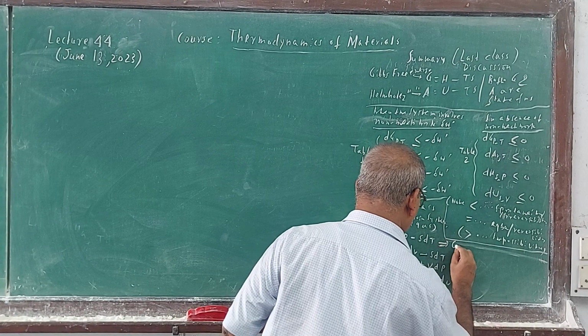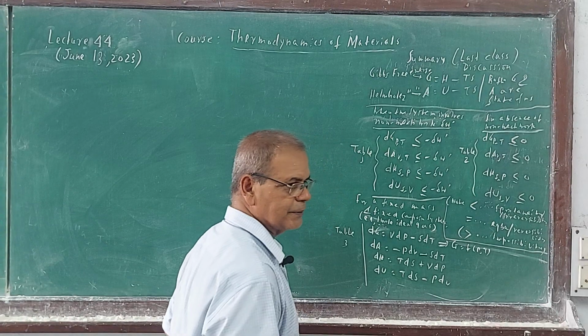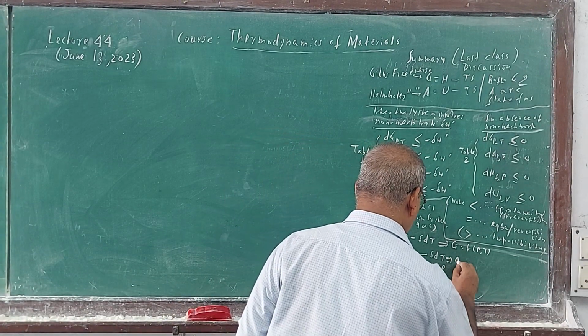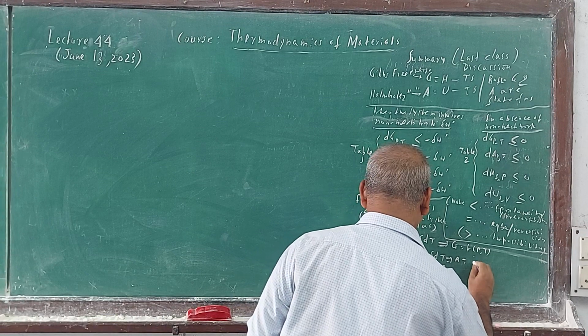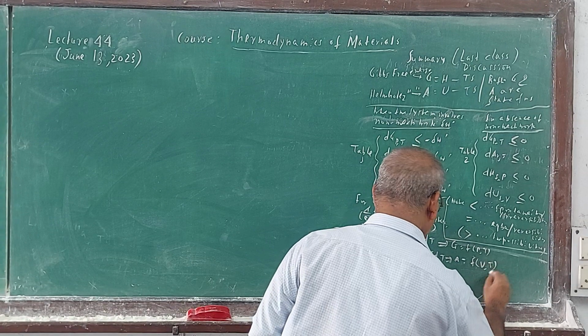This indicates G is a function of pressure and temperature. A is a function of volume and temperature.